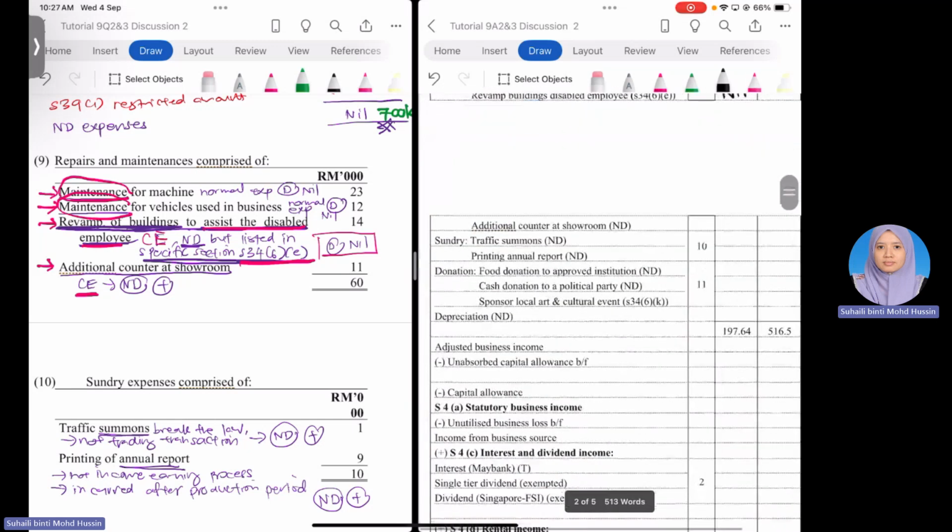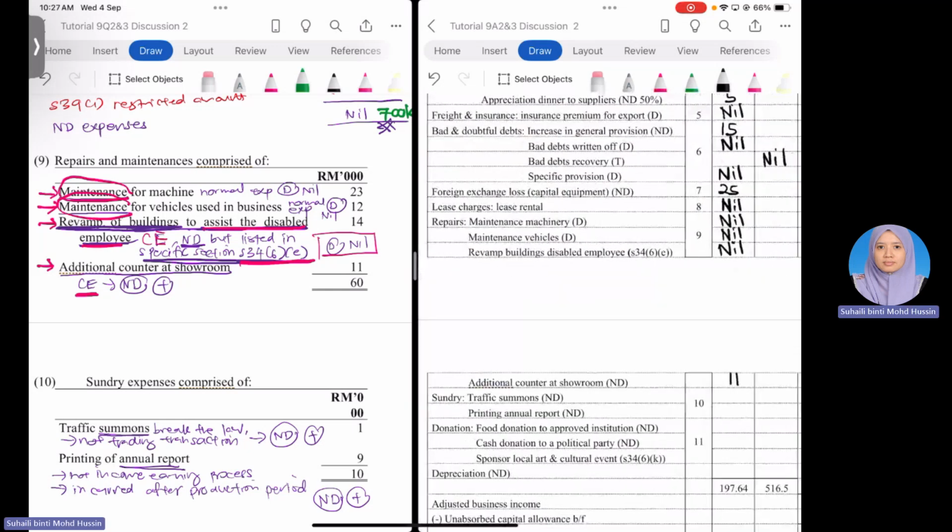So we add back 11,000 ringgit. Okay, that's number 9, repair and maintenance.